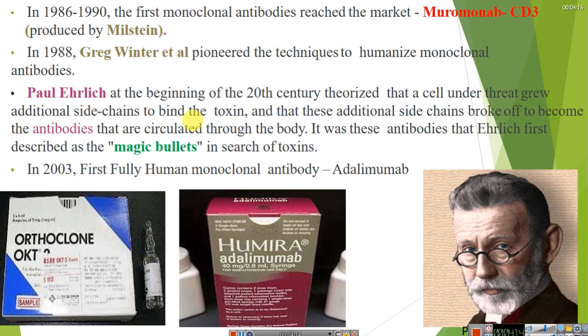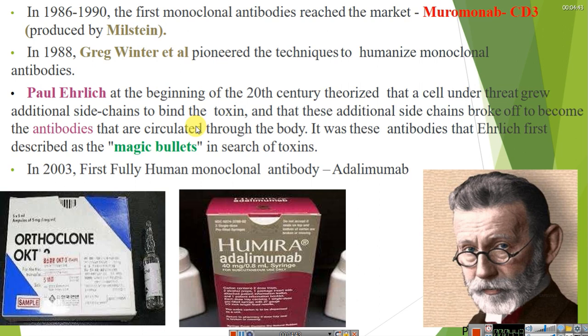They do not actually break off. They are transcribed in a manner that they are in two forms: membrane-bound and soluble form, right? He said that side chains broke off to become the antibodies that circulate throughout the body. It was these antibodies that Ehrlich first described as magic bullets in search of toxins. So the magic bullet term was used for the antibodies.